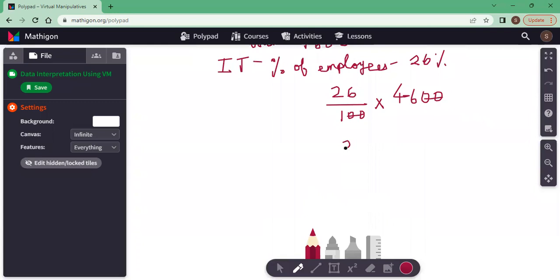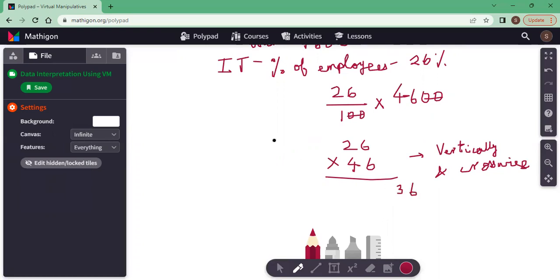Now you can multiply this in a normal maths method also by the usual technique. But there is again a shortcut trick here. We are going to apply the method vertically and crosswise. Here we use the vertical and crosswise method.